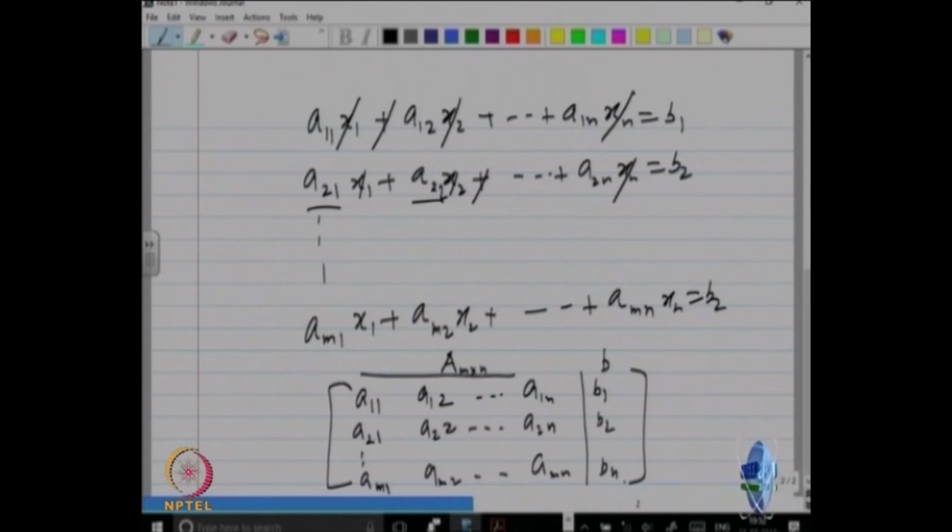What is the order of B? N cross 1, and what are the variables? x1, x2, xn. So, let us write them as a column vector. So, what is the order of that? N cross 1, right.